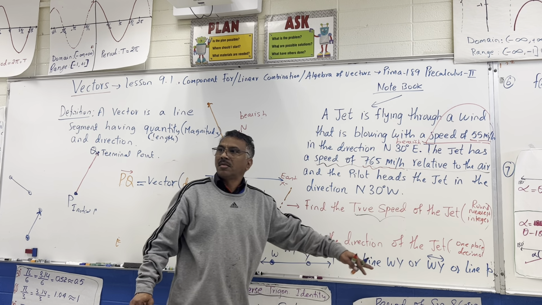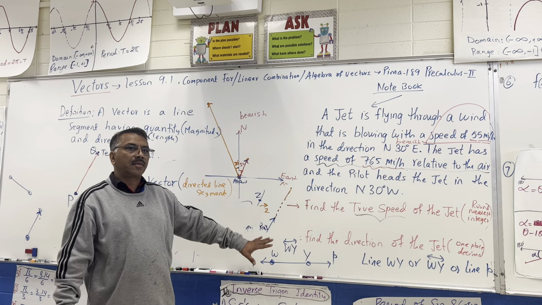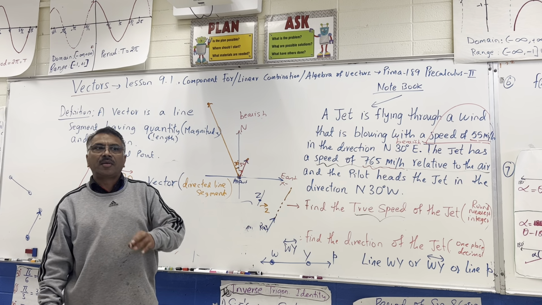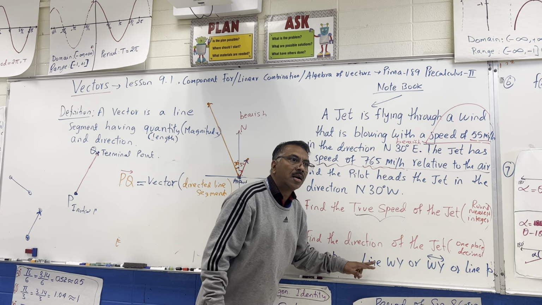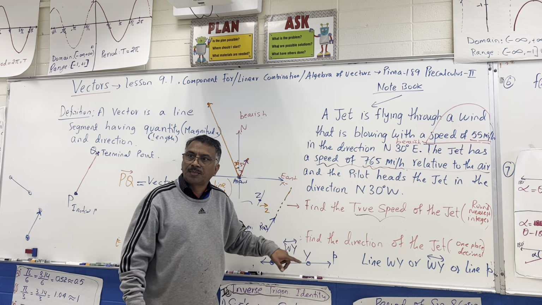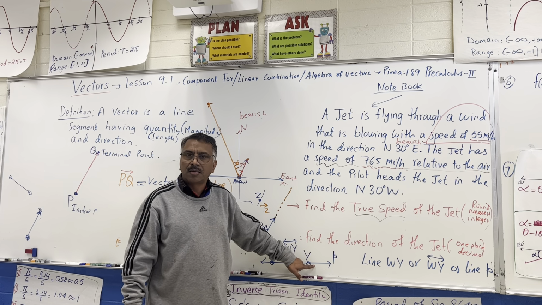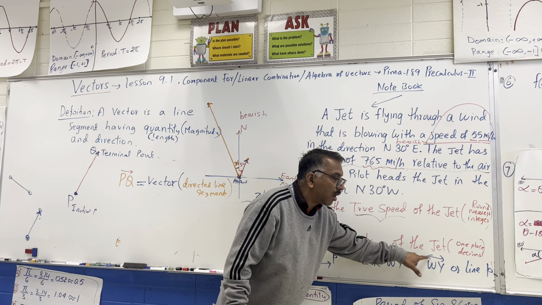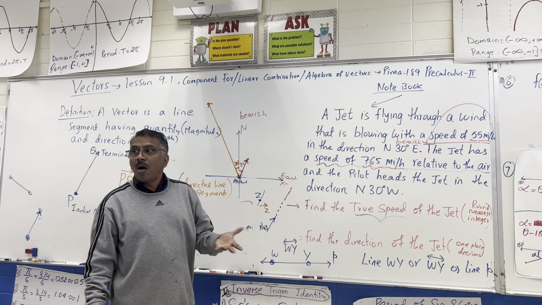Do you get it? So if there is a line, there are 3 different ways you can call it. One is you can call it line WY, because there are points W and Y. Another way is to put WY with a small bar on top. Can you see that?